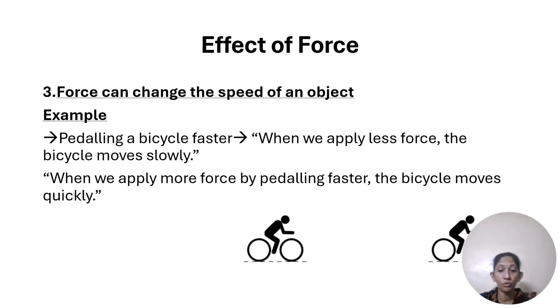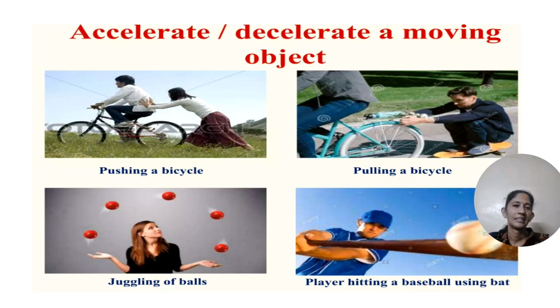When more force is applied, the bicycle moves quickly. Next examples. Accelerate or decelerate a moving object means increase or decrease the speed of a moving object. Examples: pushing a bicycle, pulling a bicycle, juggling of balls, a player hitting a baseball using a bat.